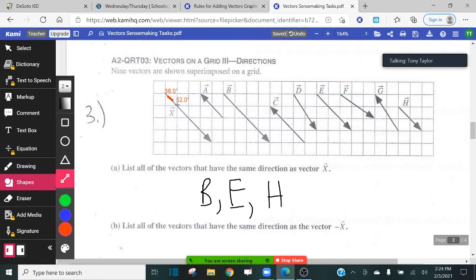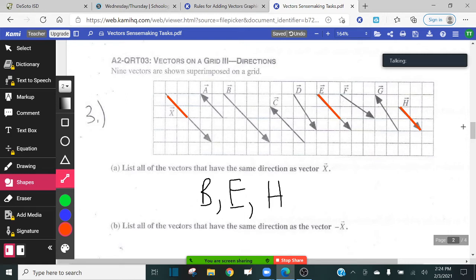Look how that vector slopes. Look how this vector slopes. And also look how this vector slopes. Okay. So notice all those slopes match. All those slopes are exactly the same. So since they have the same slopes pointing toward the southeast, that means they're pointing the same direction.